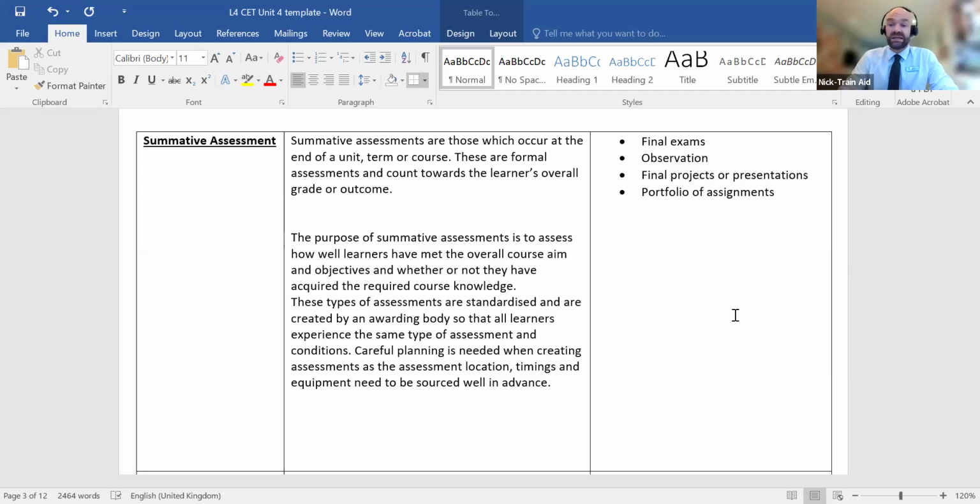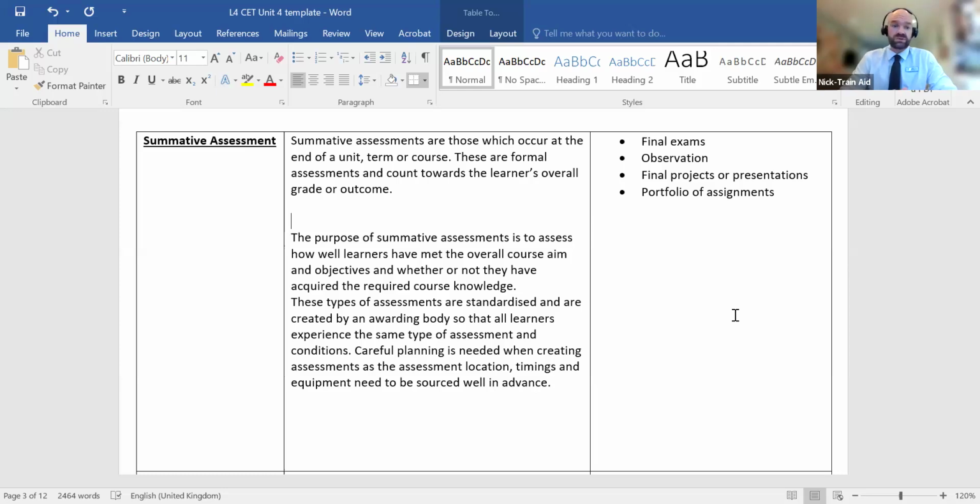So careful planning needs to be taken into account with assessing, so that the time, the location, the equipment, all of that needs to be sourced and available well in advance. You might have to send emails or letters to learners about the location, what time they need to arrive, and what they need to wear. All of those things need to be communicated with summative assessments.